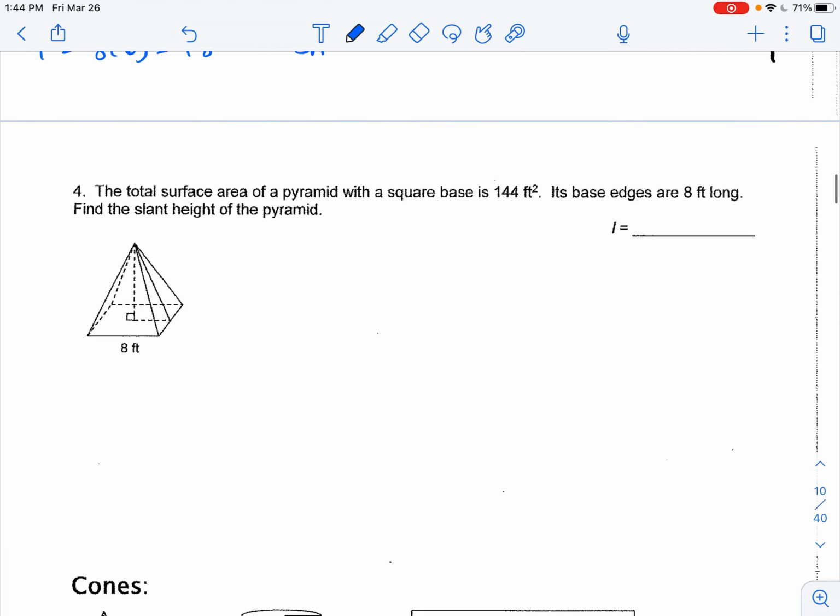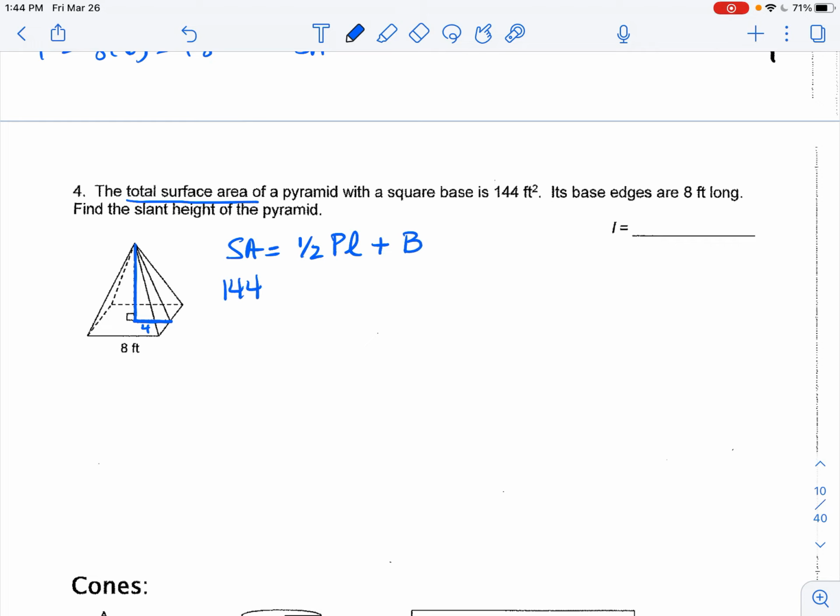Okay, next example, we have a pyramid, and it says the total surface area of the pyramid with a square base is 144. Its base edges are 8 feet long, and we need to find the slant height. So I know that that's 4. The surface area, because that's what we're given, this formula is 1/2 perimeter times the slant plus the area of the base.